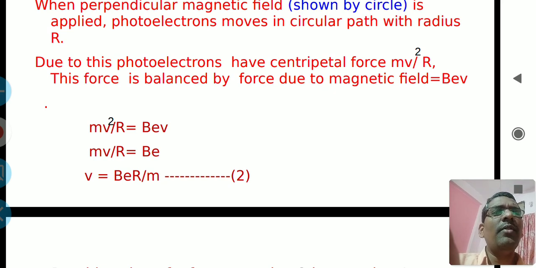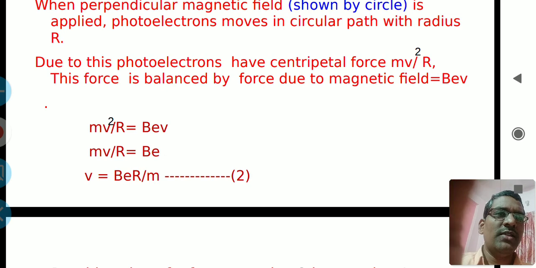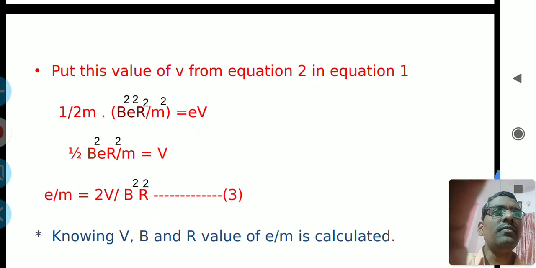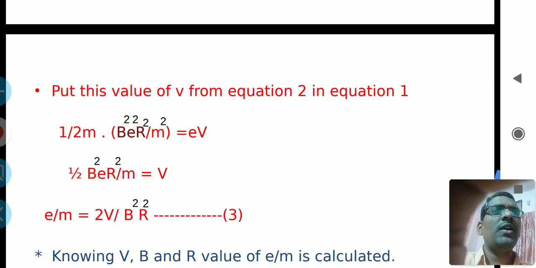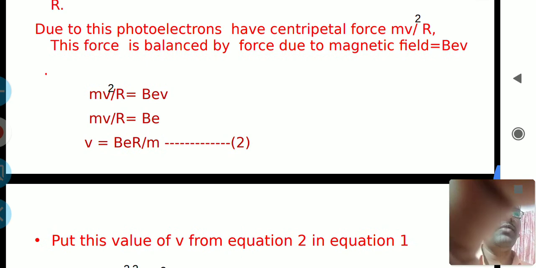Now we will find out the value of v, that is the velocity of the photoelectrons. So v is equal to capital B e capital R divided by m, which is your equation number 2. Put this value of v, that is BeR by m, in equation 1. What is your equation 1?